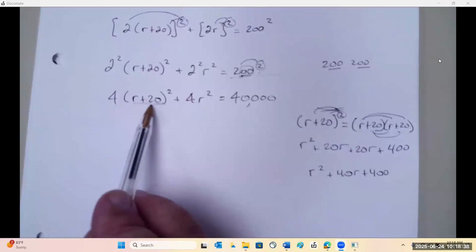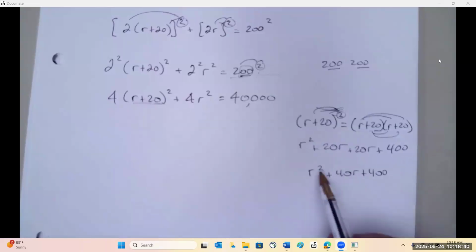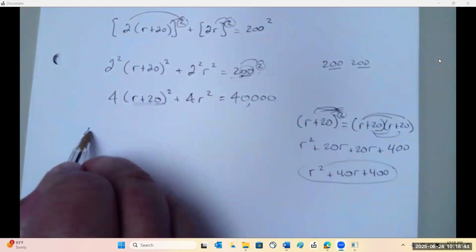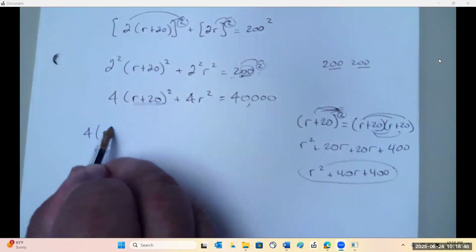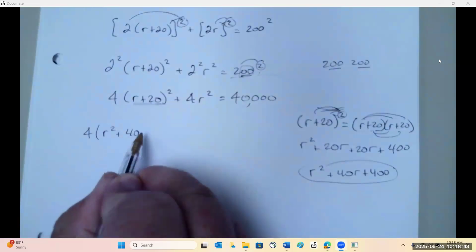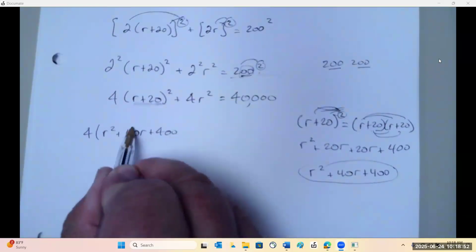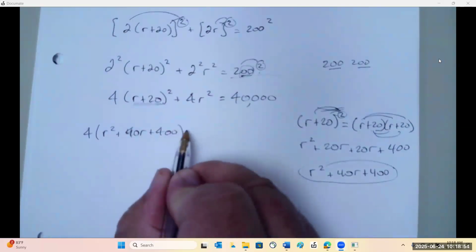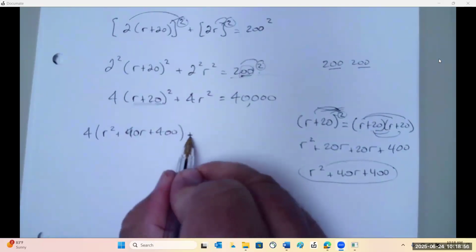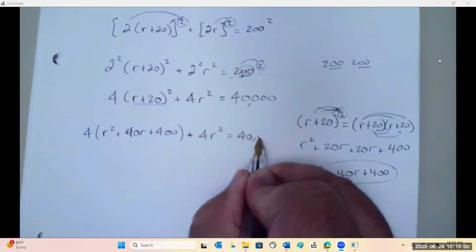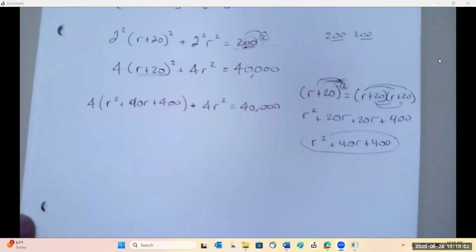That's this R plus 20 squared, so this goes in place there. So it's 4 times R squared plus 40R plus 400, plus 4R squared, equals 40,000.